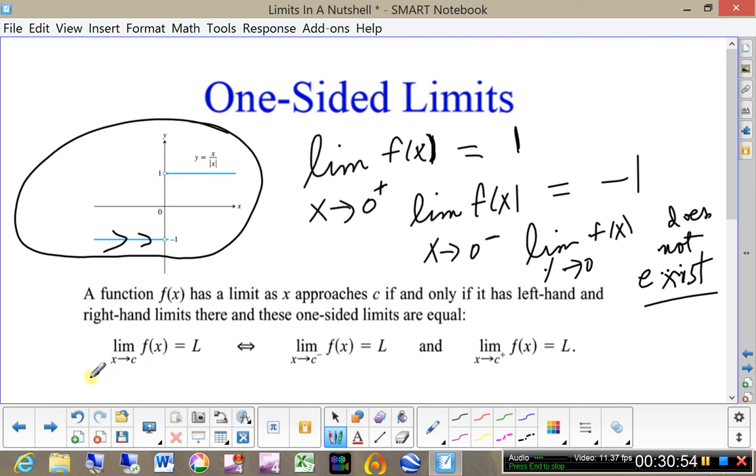We can also say that the limit of f of x as x approaches c equals L has to imply that the limit of the function approaching c from the left and from the right must always agree.